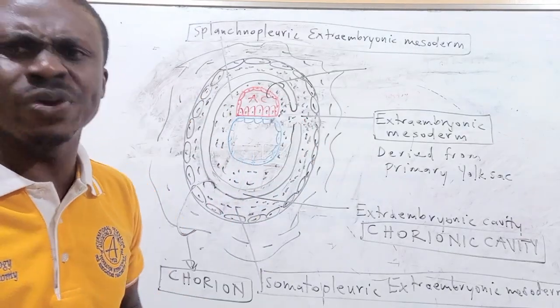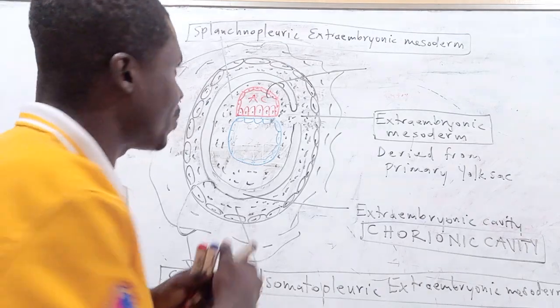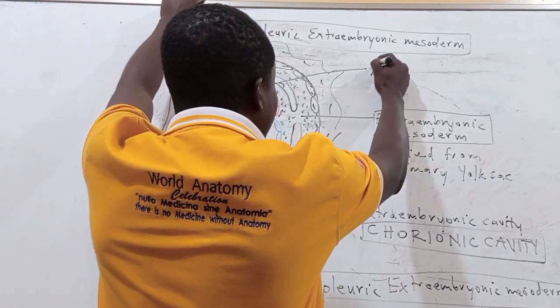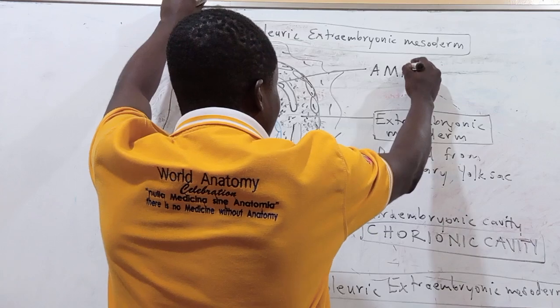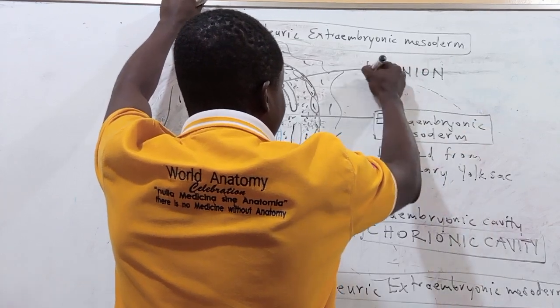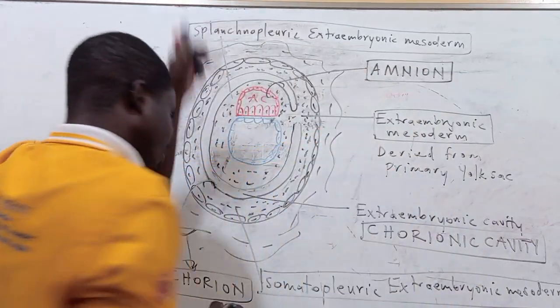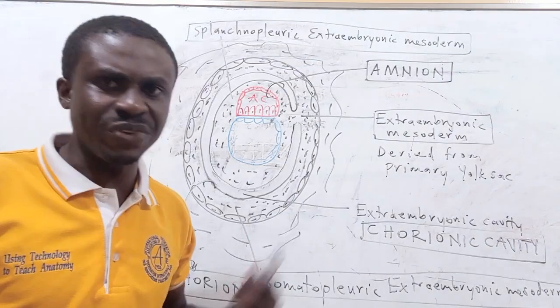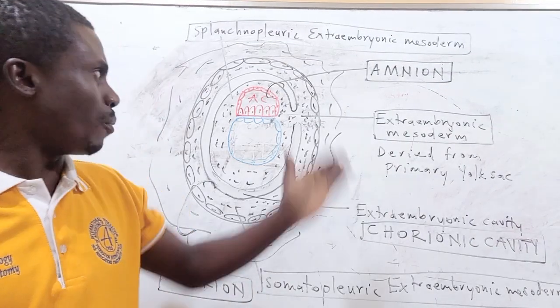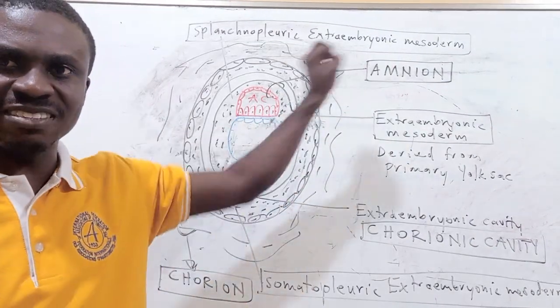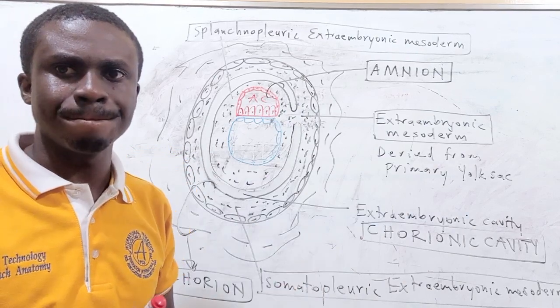Amniogenic cells together will form amnion, because it comes from the amniogenic cells, so we call it amnion. Also a fetal membrane, amnion. So I want you to know these guys, the distinctions, where they are coming from.